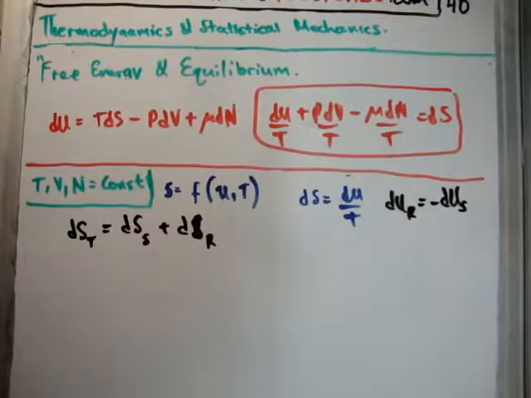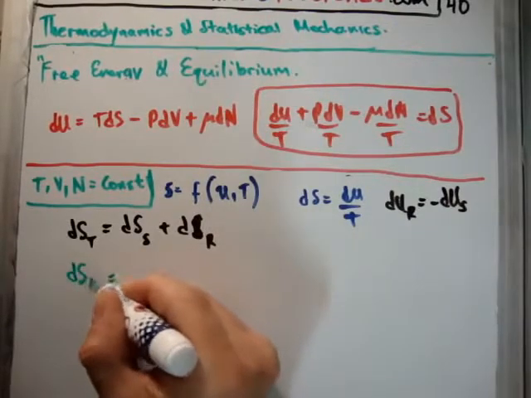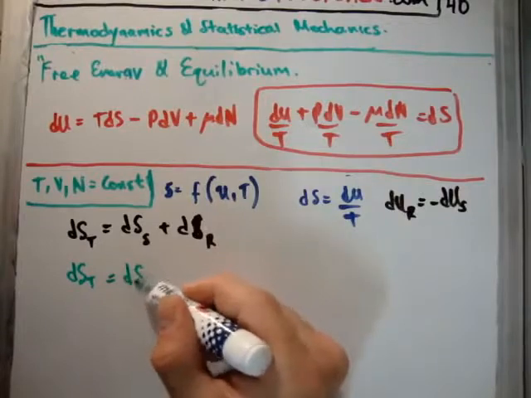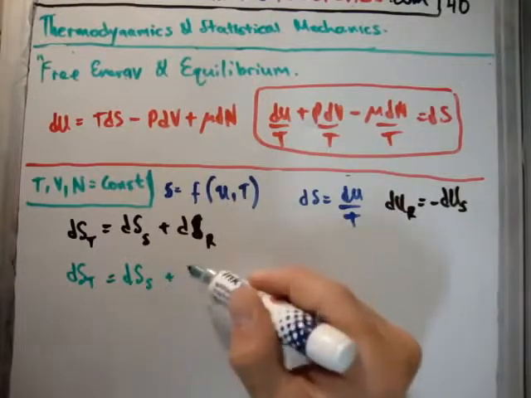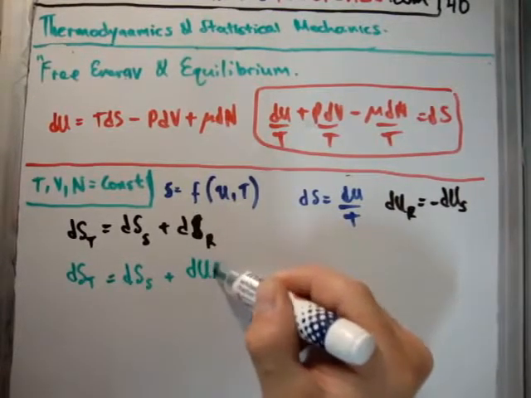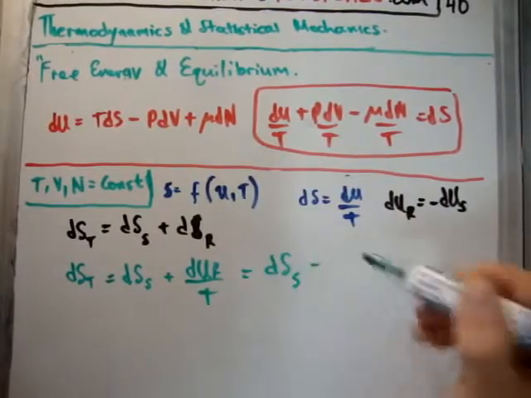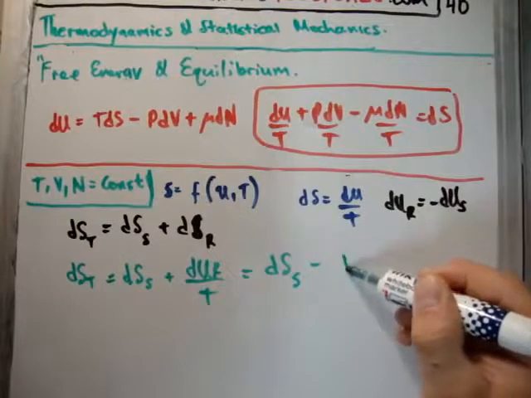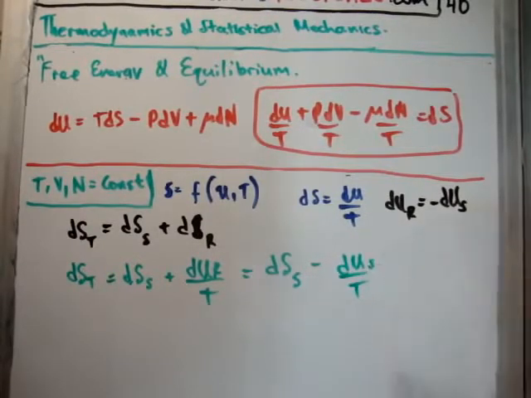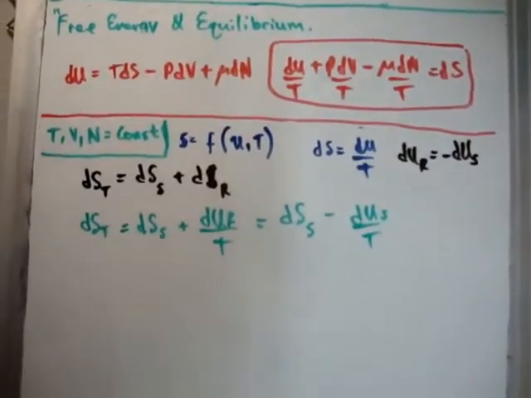So we can rewrite this as follows: the total universe's entropy is the system's entropy plus the reservoir's energy divided by T, which is going to be equal to dU over T of the system minus dU over T of the system, using this particular equation.